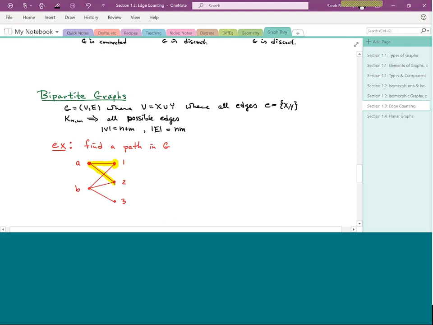Now, if you're a path, you're not allowed to repeat edges or vertices. So when we're at 2, well, you can't go back to A. You have to go to B. Okay? And when we go here to B, we could actually keep going. Do you guys want to keep going, or do you want to stop at B? Okay, so if we keep going, there's literally only one more place to be.